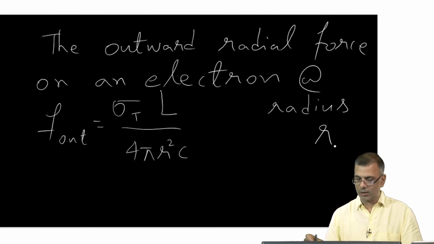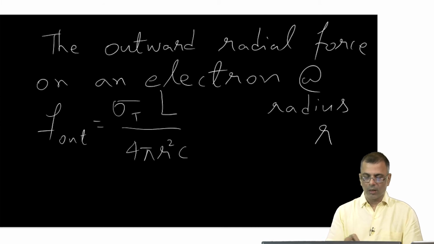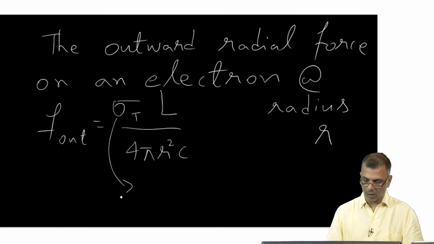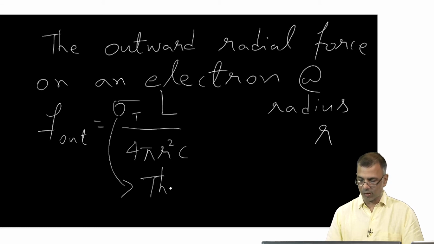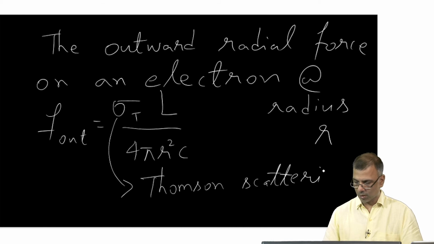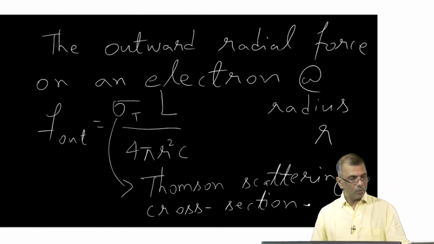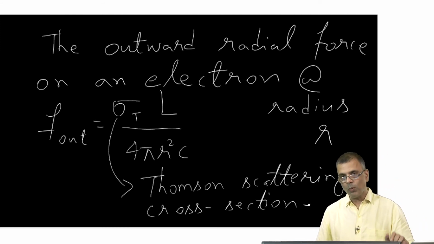At a given radius, this is the outward force, and this is the Thomson scattering cross section. Okay, so now what about an electron?